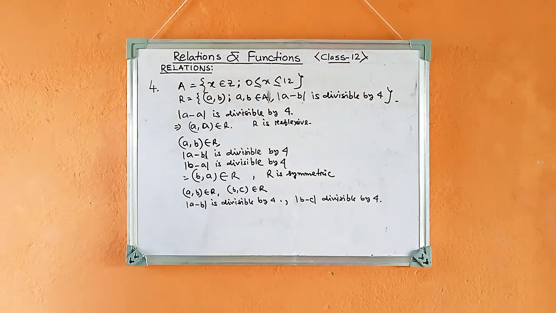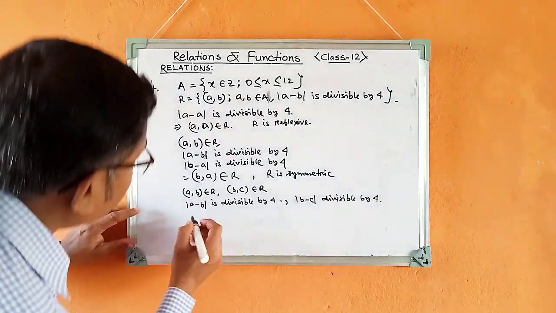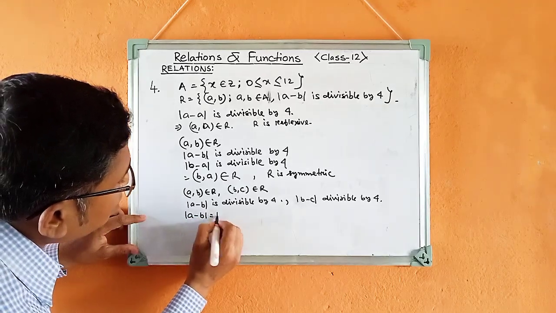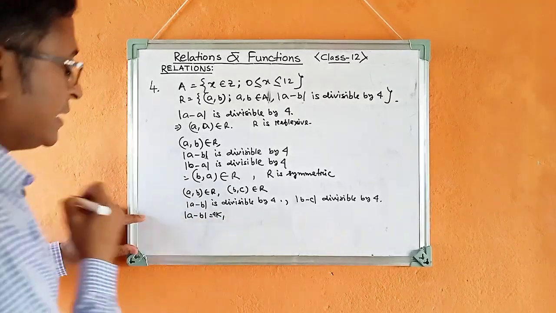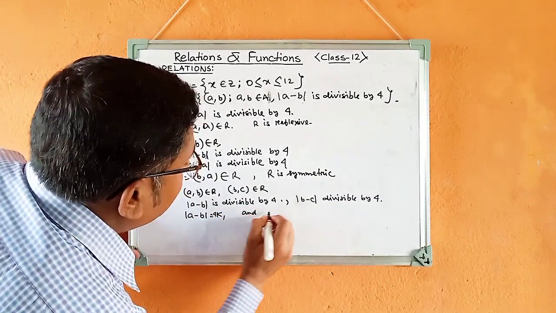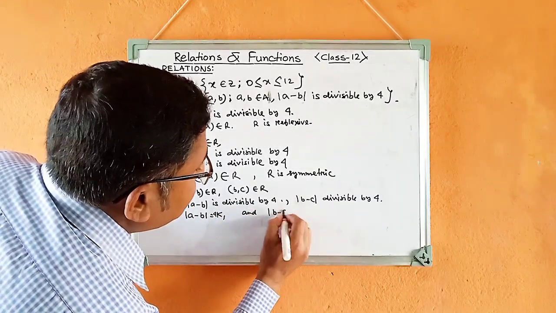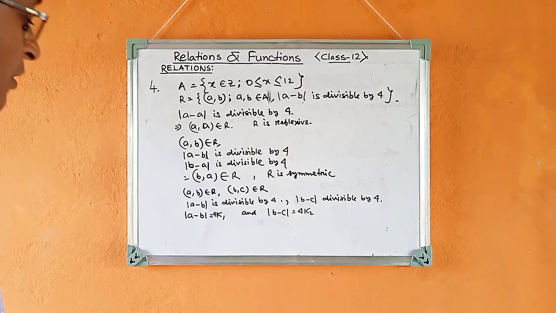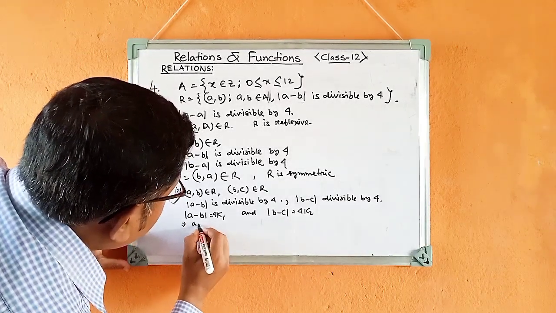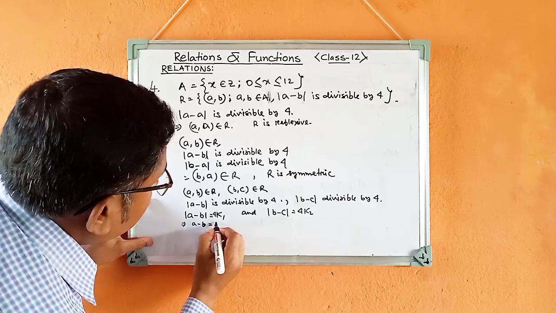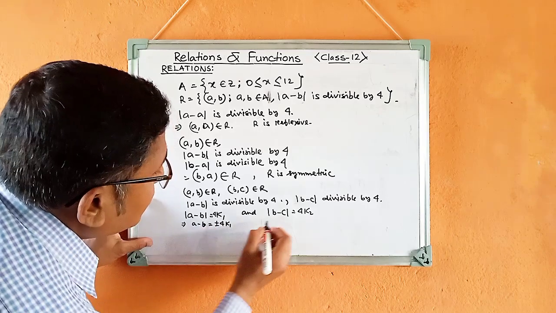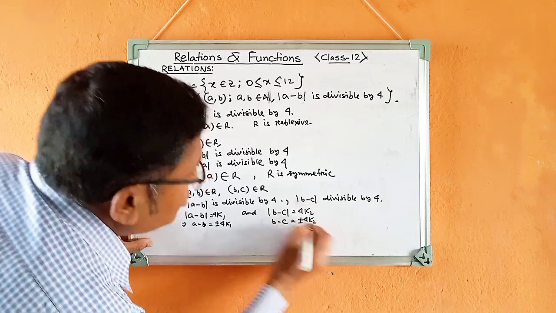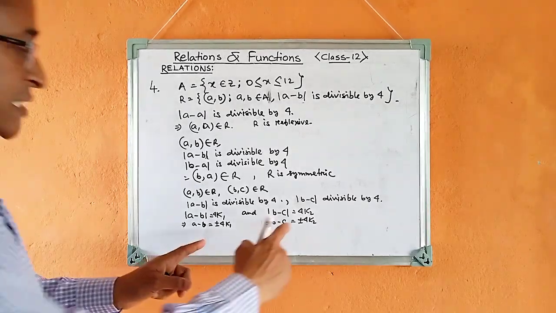So we can write mod of A minus B equal to 4k1, and mod of B minus C equal to 4k2, because these two are divisible by 4. So A minus B equals plus or minus 4k1 and B minus C equals plus or minus 4k2. Just add these two.